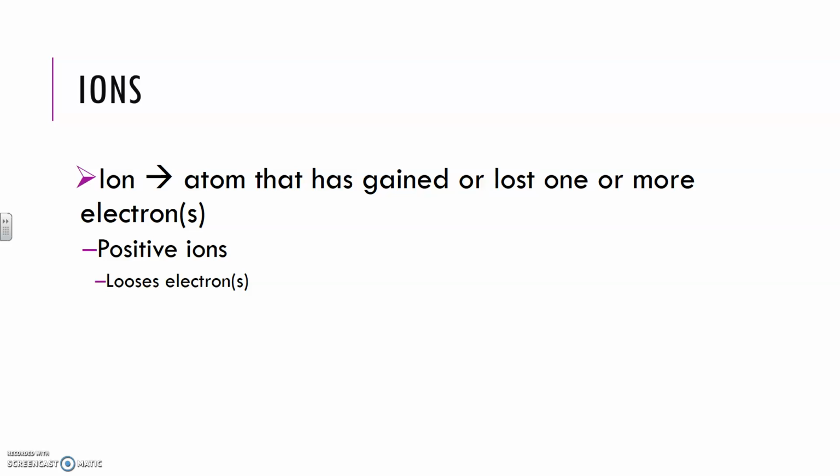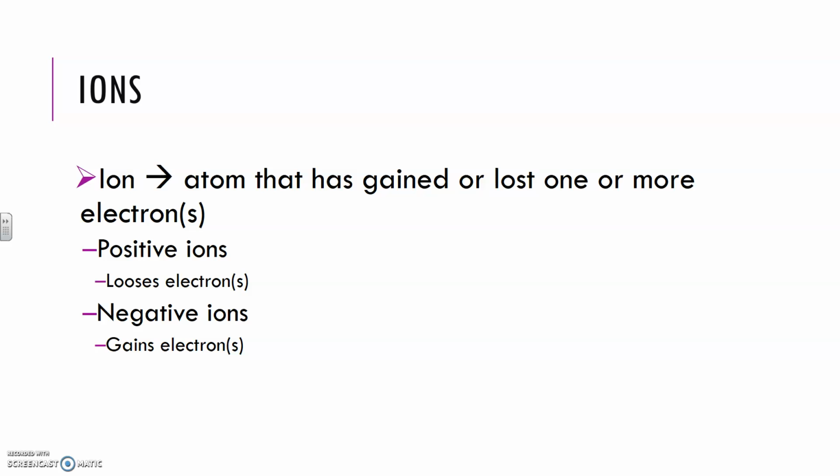So you end up with a positive 1 charge. And on the flip side, if you gain an electron, you're gaining a negative charge, so you're going to get more negative. So you get a negative ion.